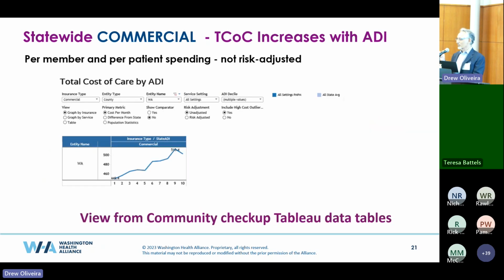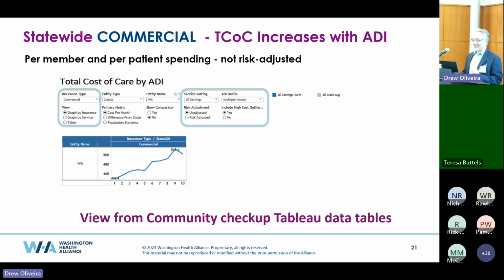I did want to show a couple of screenshots of what's on our Community Checkup today and how you can start searching for that. This is just a quick view. You can choose by commercial payer, or by both Medicaid and commercial. You choose what deciles you want to look at. If you only want to look at one decile, you could, but we typically look at all 10.